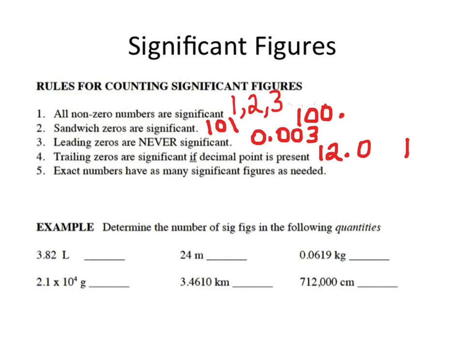But if we have 120, no decimal, that 0 is not significant. Does that make sense? And exact numbers have as many significant figures as are needed. So if you exactly have 5, then you only have one significant figure.